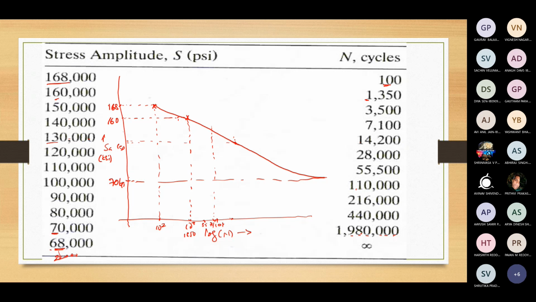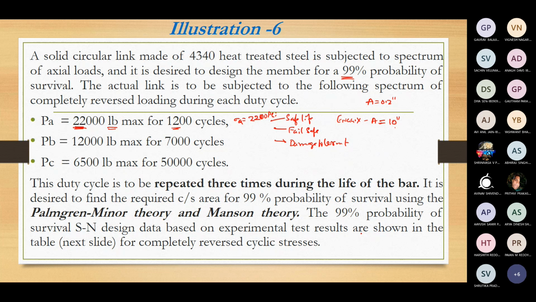In that case, if you suggest as a designer a 10 inch size, for the maximum load the stress you are getting is 2200, and the component is never going to fail for an infinite number of cycles. But what is the real requirement? The real requirement is you are applying only 1200 cycles. Others are also there, but I am just talking about the largest load possible.